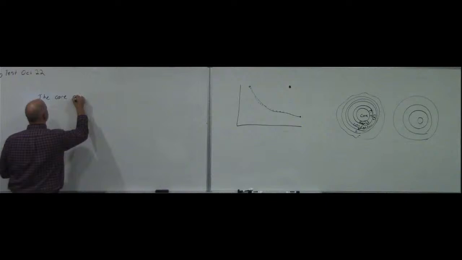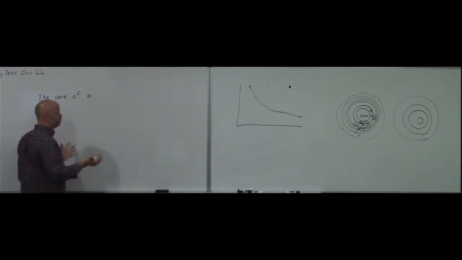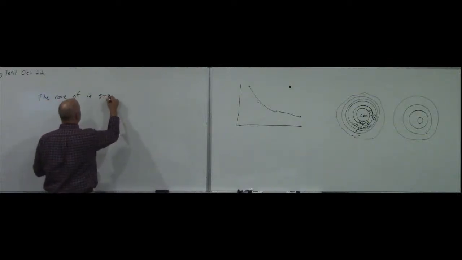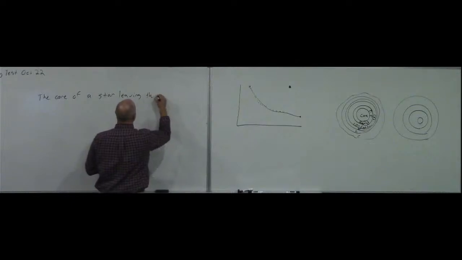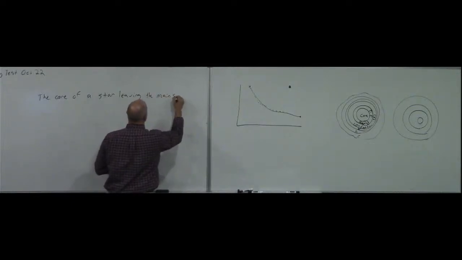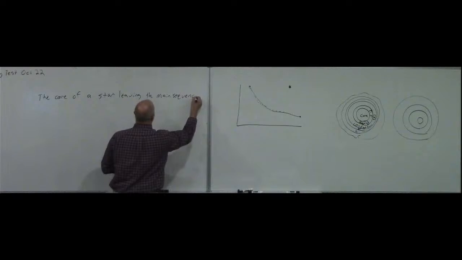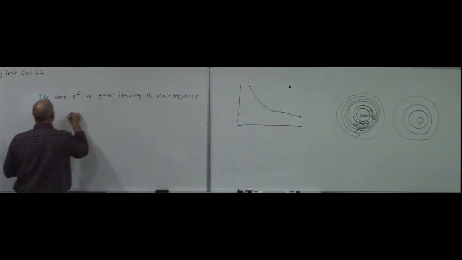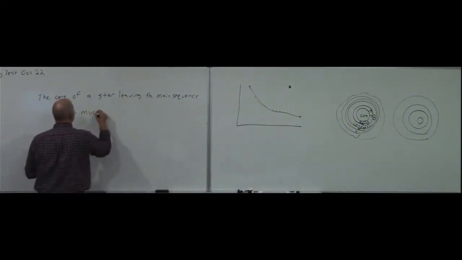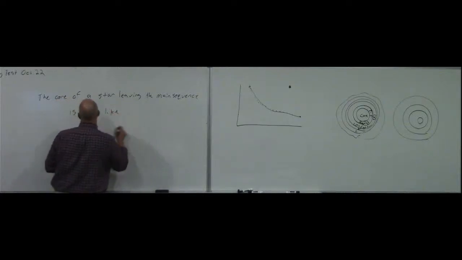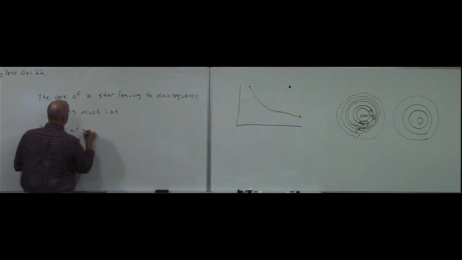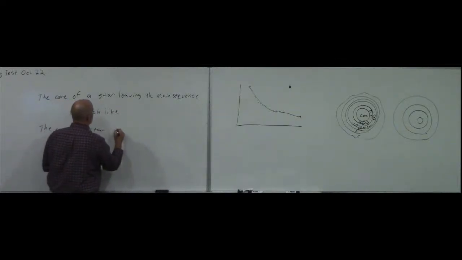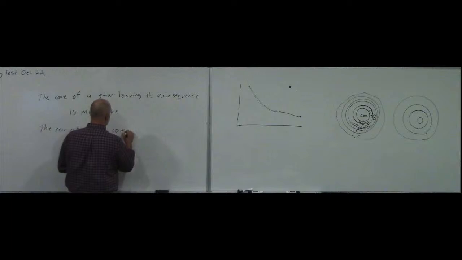Core of a star leaving the main sequence is much like the core of a star coming onto the main sequence.